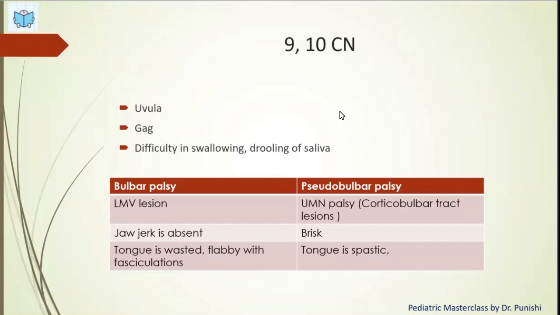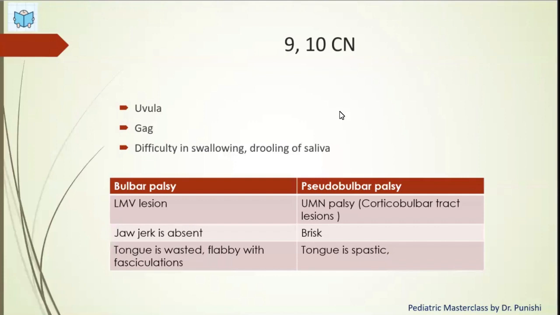Now, because bulbar is LMN, in LMN palsy you have depressed reflexes, so you will have absent jaw jerk. Whereas in pseudobulbar palsy, you will have a brisk jaw jerk. And again, because this is an LMN lesion, your tongue is going to be wasted, flabby, with or without fasciculations. Whereas the tongue is going to be small and spastic in a case of pseudobulbar palsy.